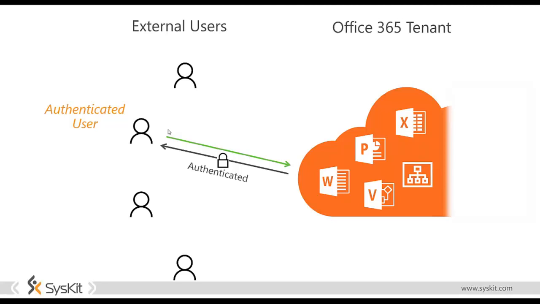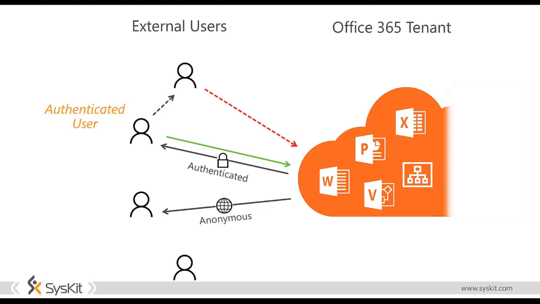The main point is that this user has to confirm his identity by logging in. If he sends that link to another user, this different user will not be able to log in to view the same document.